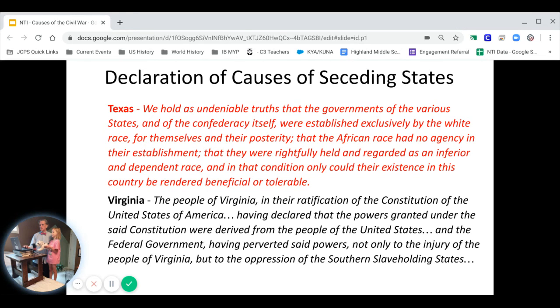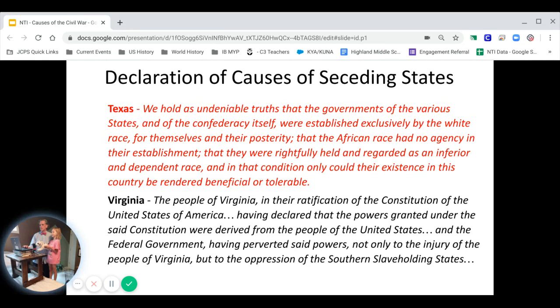And the last one we'll look at is Virginia. The people of Virginia, in their ratification of the Constitution of the United States of America, having declared that the powers granted under the said Constitution were derived from the people of the United States, and the federal government, having perverted said powers, not only to the injury of the people of Virginia, but to the oppression of the southern slaveholding states.